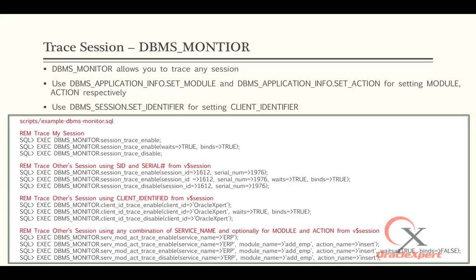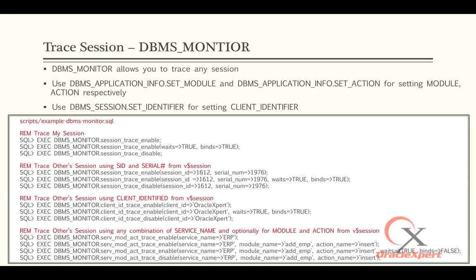Now there is a package in the Oracle database called DBMS_MONITOR, which allows you to trace not just your session but also someone else's session. Now you can enable tracing using DBMS_MONITOR for your own session or for a particular other user session, which is identified using SID and serial number, which is a unique combination for every person who is connected to your Oracle database instance.